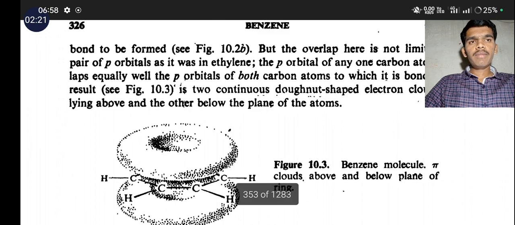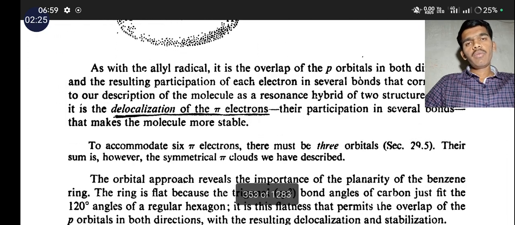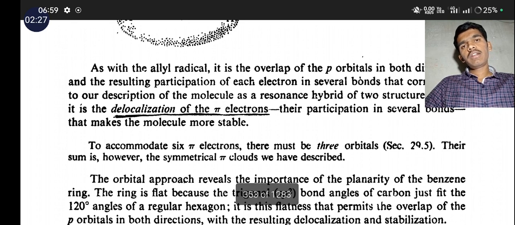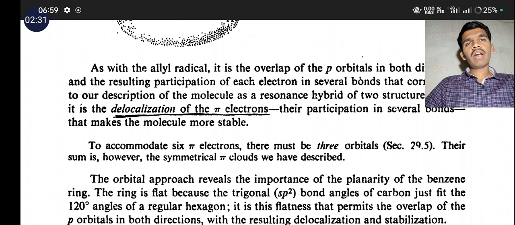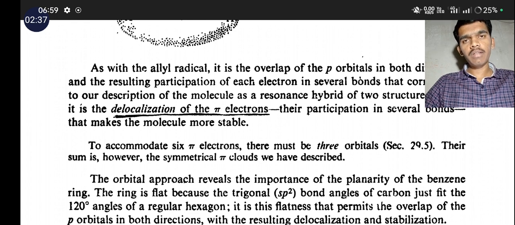And this is the reason why I will suggest that delocalization of pi electrons is a very simplified statement.